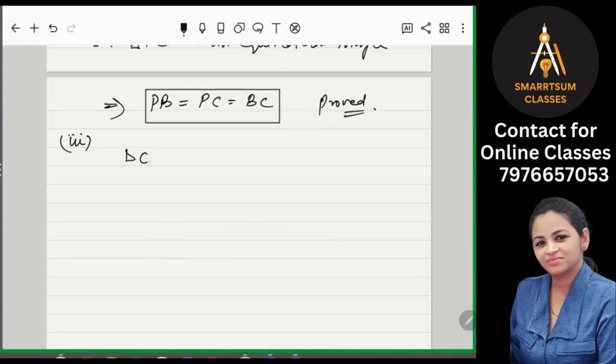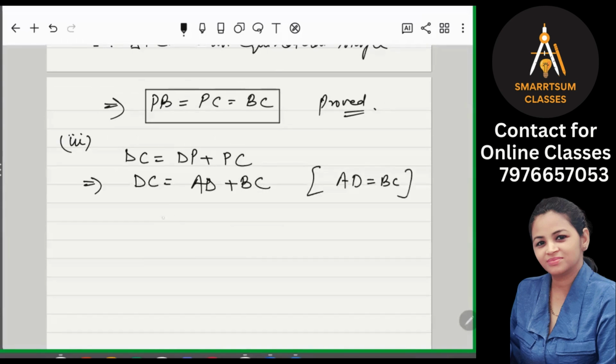So write it down. DC is equal to DP plus PC, right? Now DC is equal to AD plus BC, right? Why? Because AD is equal to BC. So from this, we can write that AD plus AD, because BC is equal to AD, that is twice of AD, right?